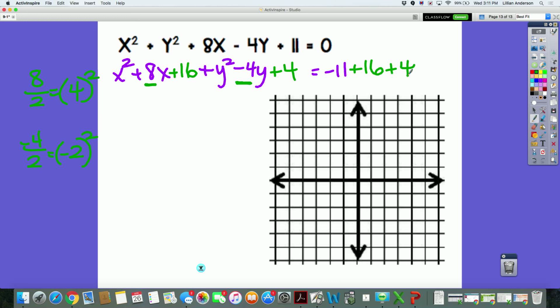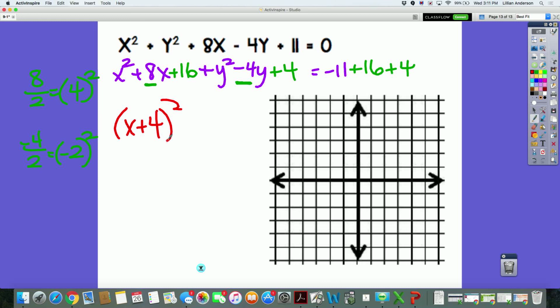Now from here, can't you factor x squared plus 8x plus 16? It's x plus 4 times x plus 4, also written x plus 4 squared.